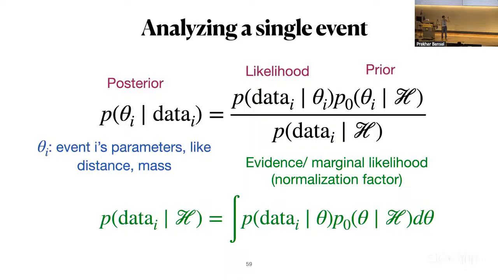When we're analyzing a single event, we normally just pick whatever prior we want, and we often don't really care about this evidence or marginal likelihood. It's just a normalization factor that ensures our posterior integrates to 1. So it's really just the integral of the stuff on the top. If we really wanted the evidence for this model H, we could do this integral.